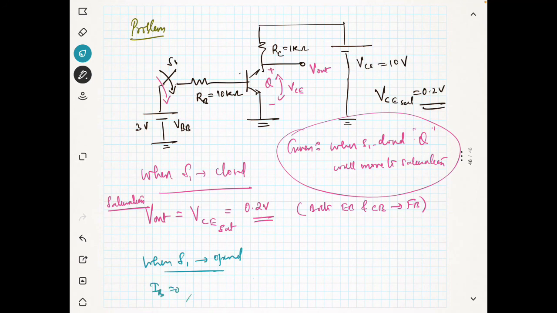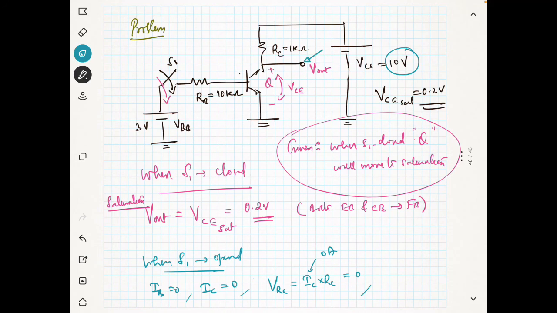Now, when S1 is opened, IB is equal to 0, IC is equal to 0, right? Now, what is the voltage across RC? Voltage across RC is IC into RC, but IC is equal to 0 ampere, so VRC is equal to 0.